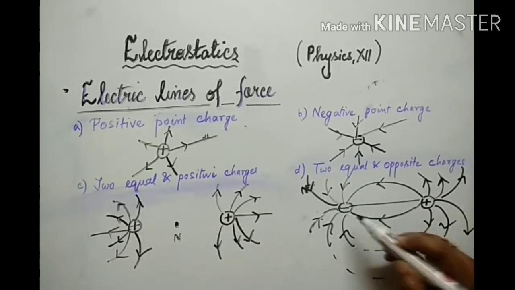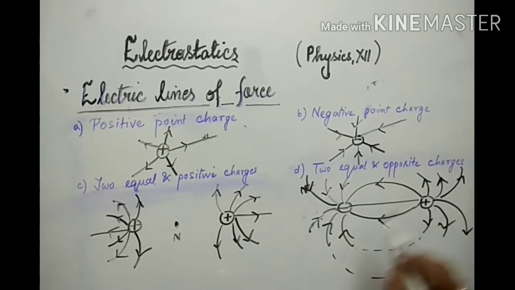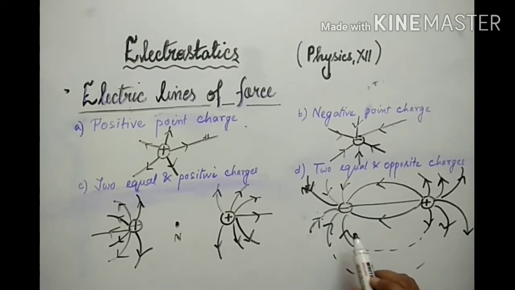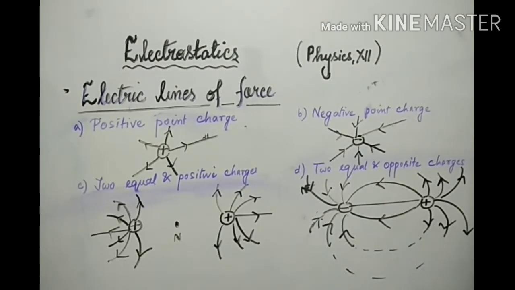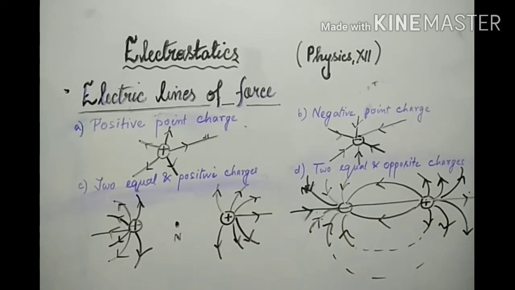We had discussed that lines of force always start at the positive charge and end at the negative charge, and here we can easily see that this is happening. So this is our diagram for electric lines of force.